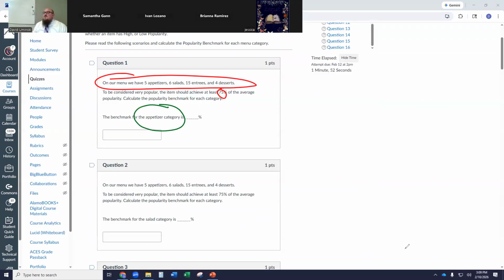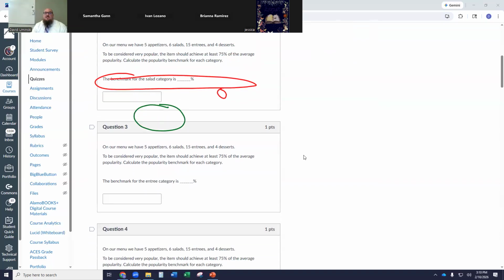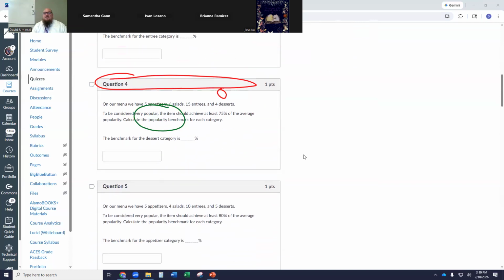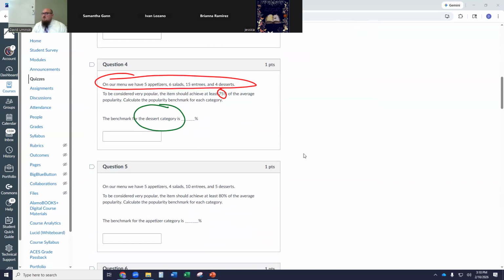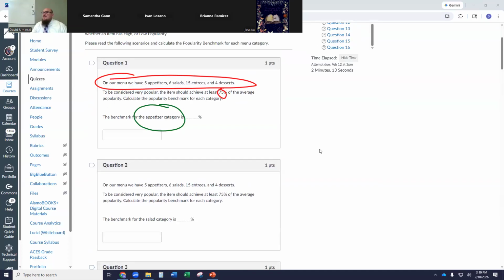The first question, we're only looking at the appetizers. The second question, we're looking at only the salad category. The third question, we're only looking at the entrees. And the fourth question, we're only looking at desserts. Questions so far? Okay, that's questions 1 through 4.